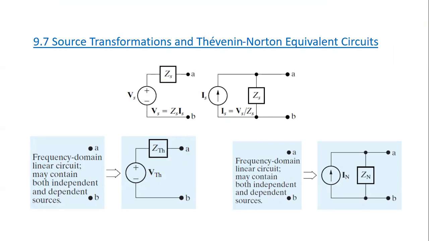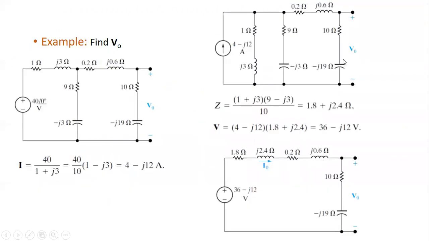So again, what we applied on resistances can be applied on impedances. So impedances, Z, are complex numbers.